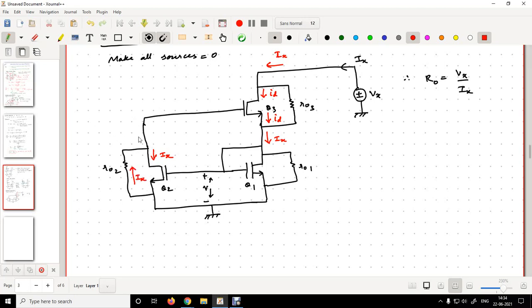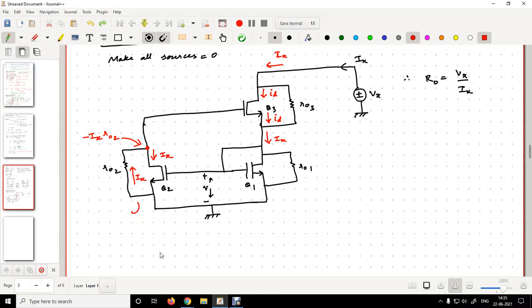Why? Because if you consider this entire thing a loop, the source is shorted with the drain through R02, the output resistance of Q2. Then the voltage at this node will be minus Ix into R02. Apply KVL in this loop. That is what you get, minus Ix into R02.